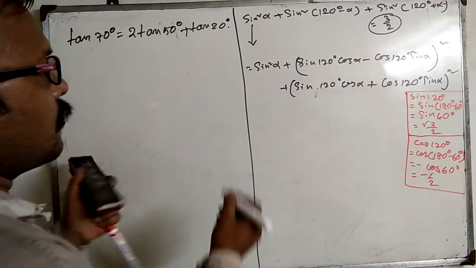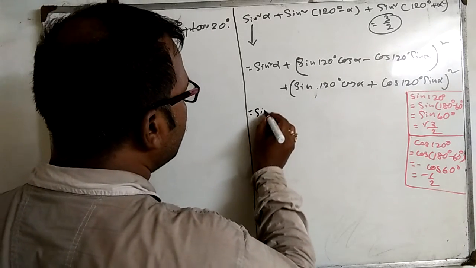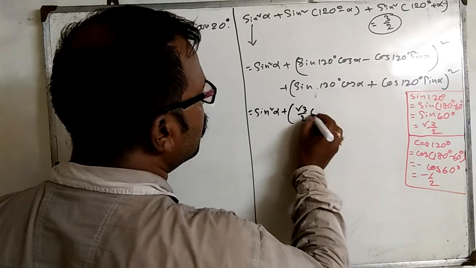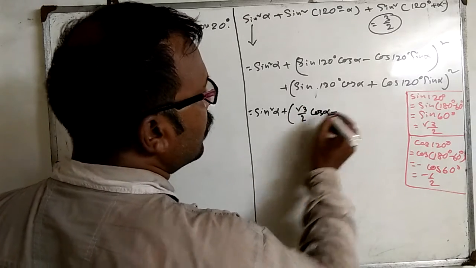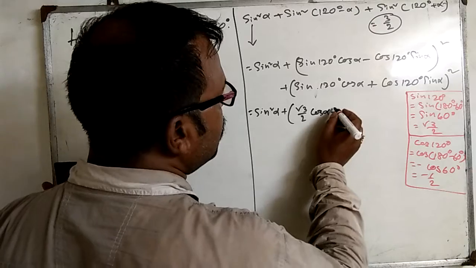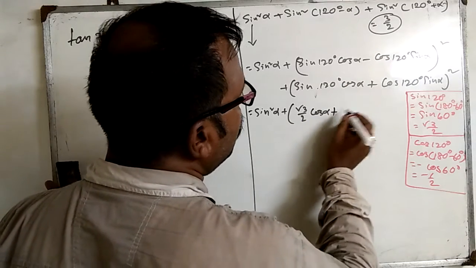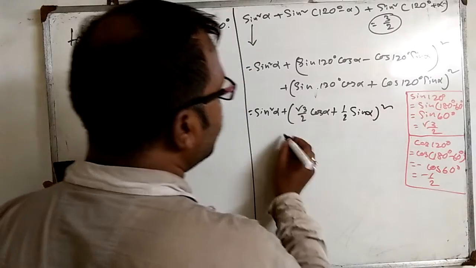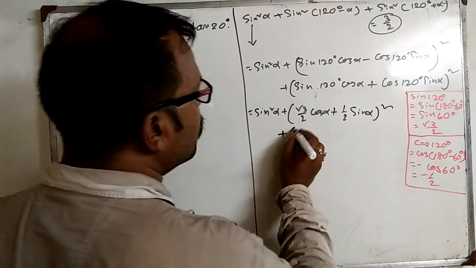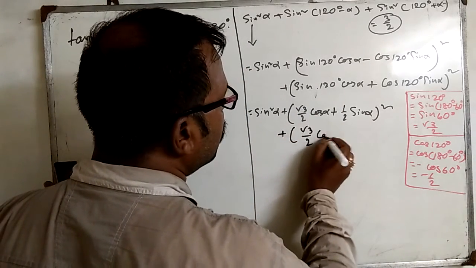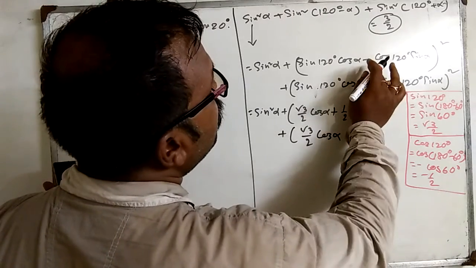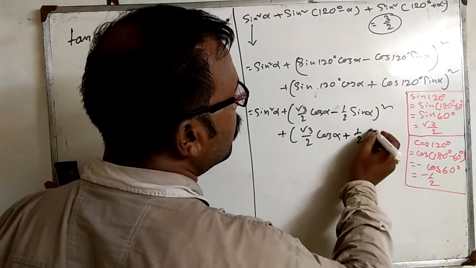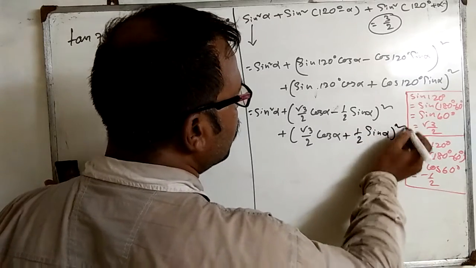So sine square alpha is the same, so root 3 by 2 cos alpha plus half sine alpha whole square plus root 3 by 2 cos alpha, sorry, this is minus and this is plus half sine alpha whole square.